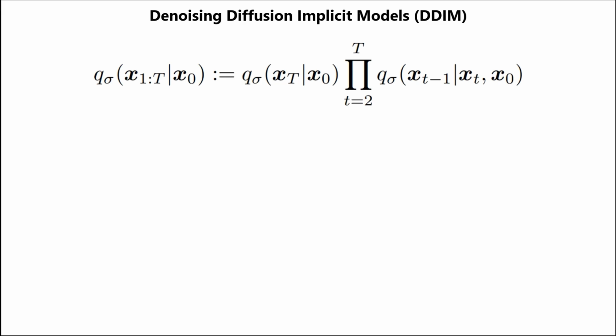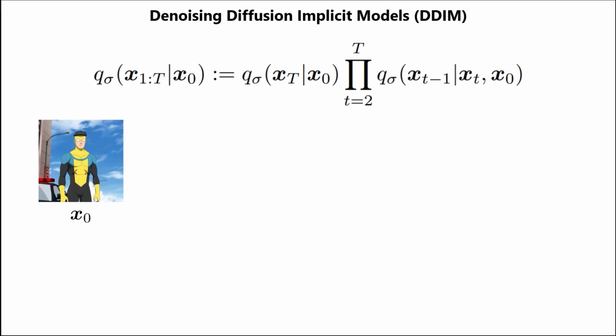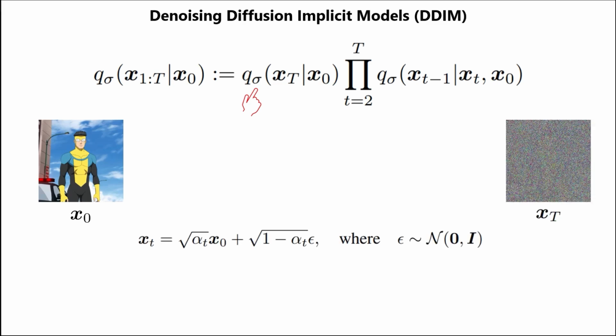Assuming that we have our original image as x0, then this q of x capital T given x0 means that we can add noise in a single step, using the formula that I showed you in DDPM, to construct the noisy image. But then it proposes a non-Markovian process, where we can achieve any marginal distribution in the middle given xt, that is one step more noisy, and x0, that is the original image.